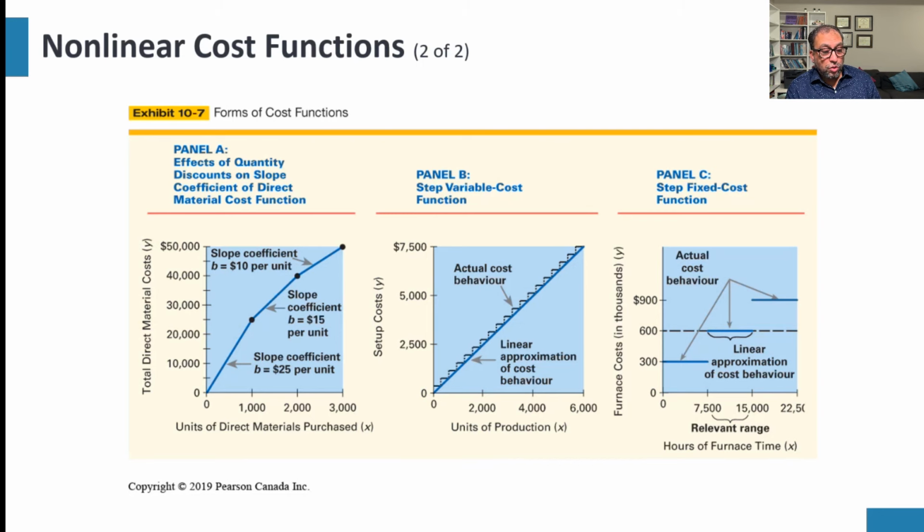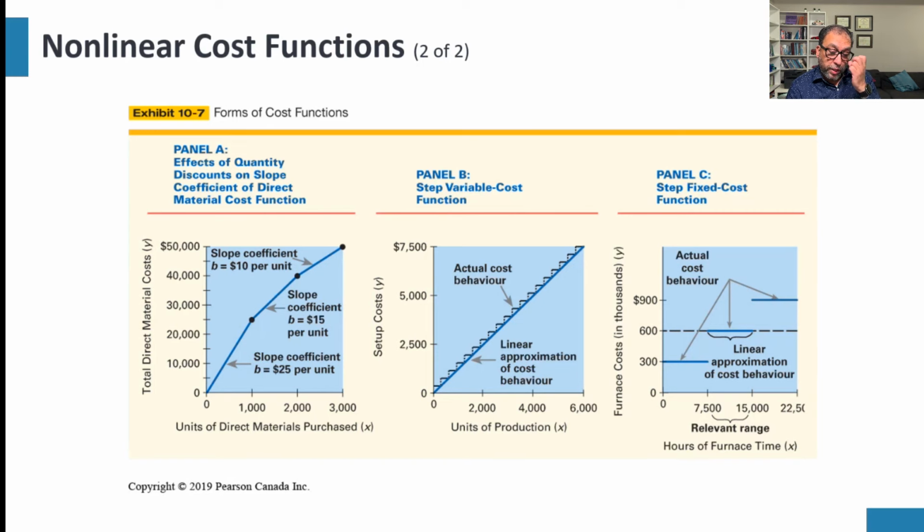So this is the first part of this chapter, in which we focus on cost behavior. If I summarize what we discussed: we want to see how the cost behaves over a certain range of output. As the output increases, in what way does the cost increase?